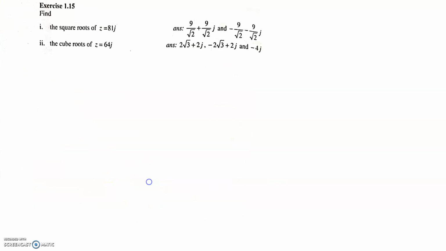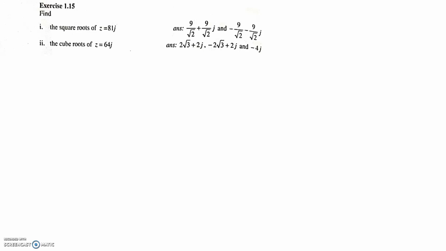Alright, so let's try to apply the formula in our exercise. Let's jump to the second question here. Find the cube root of z equal to 64j.